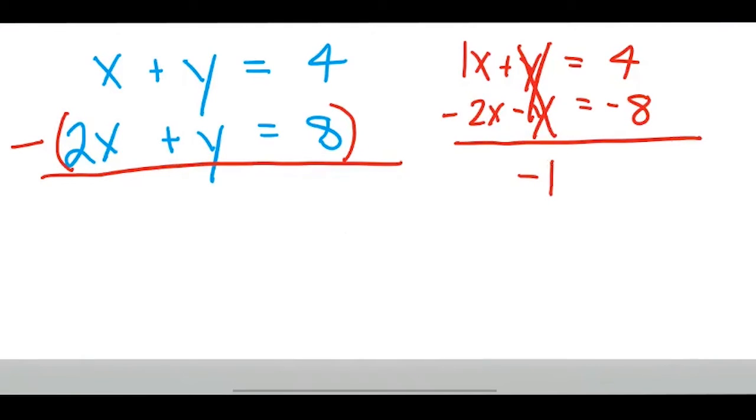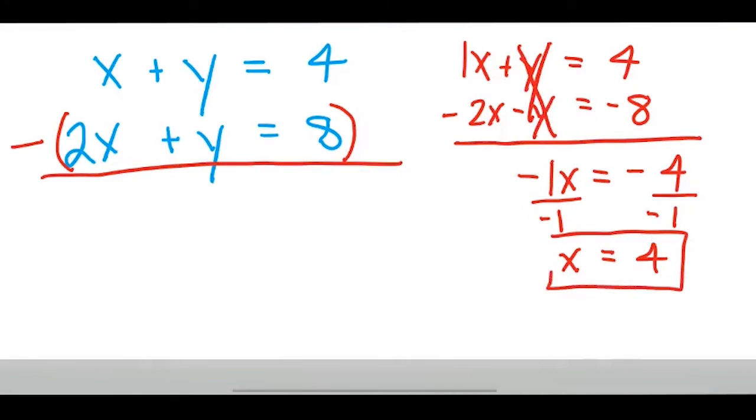That's negative 1x equals 4 minus 8 is negative 4. So I divide both sides by negative 1, x equals 4. So now I have my value of x equals 4.